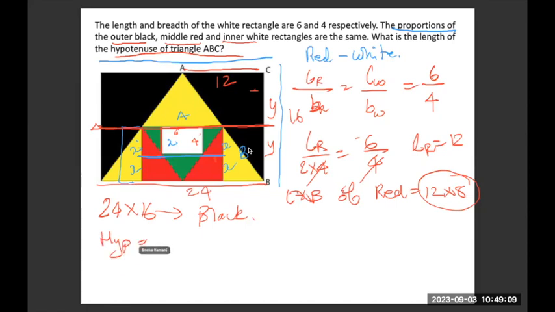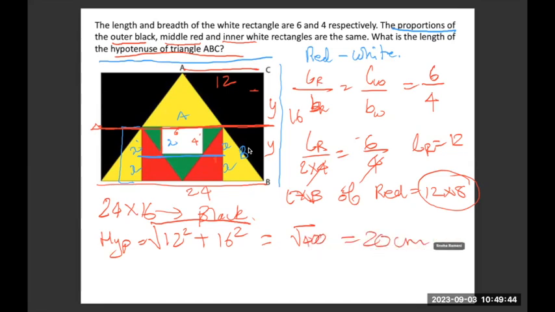So the hypotenuse will be the square root of 12 square plus 16 square, which will be equal to the square root of, one second, let me calculate this. 20 centimeters. So the hypotenuse of ABC will be 20 centimeters.